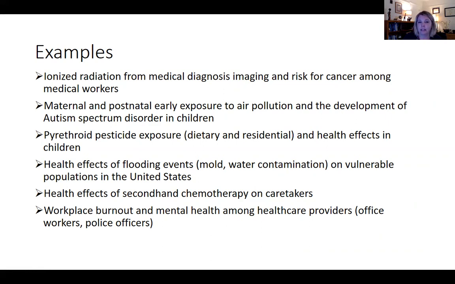Health effects of secondhand chemotherapy on caretakers, and then workplace burnout and mental health among healthcare providers. So you could look at these and think about different types of workers, office workers, police officers. So there are a number of different occupational health hazards. So you think about workplace bullying and intimidation factors, for example, job stress.